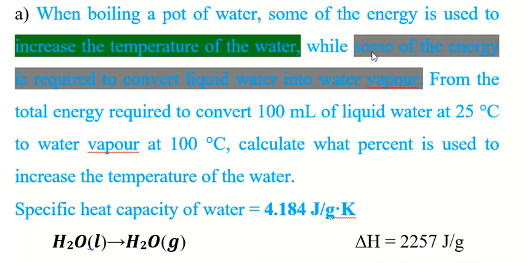Other part, calculation of the heat which was used to change that water at 100 Celsius into the vapor state. Second, at that 100 Celsius temperature, water molecules change from liquid to vapor state.